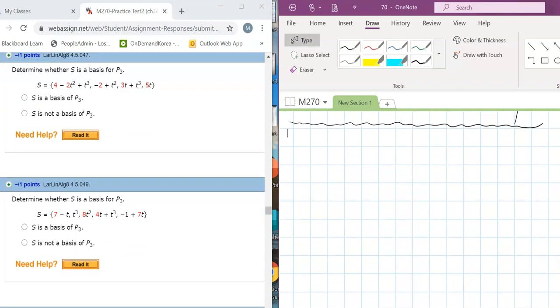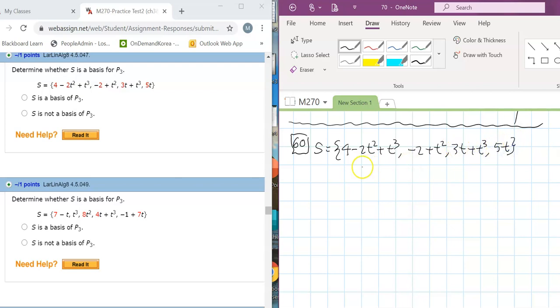Determine whether S is a basis for P3. So S is now 4 minus 2t squared plus t3, and then negative 2 plus t2, and then 3t plus t cubed, and this is 5t.